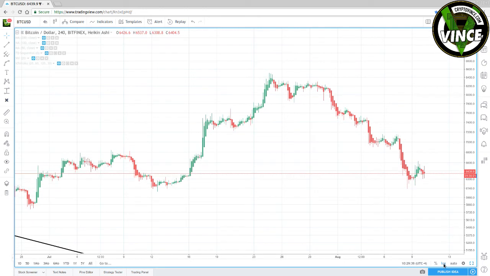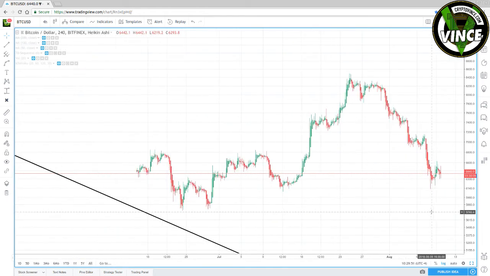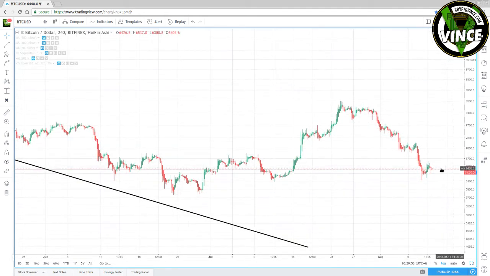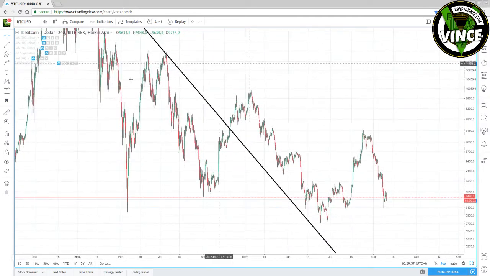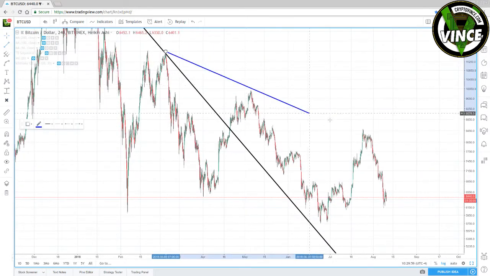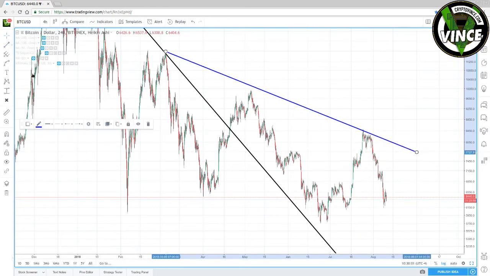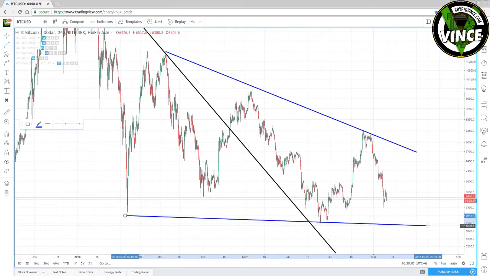This changes when we look at the overall picture, especially when we trace resistance and support lines. Resistance lines change way more than support lines. Why? Because resistance lines are made from high prices, right? We want to trace a resistance from the top and then a support from the bottom. The resistance will change way worse because of the high price in here.